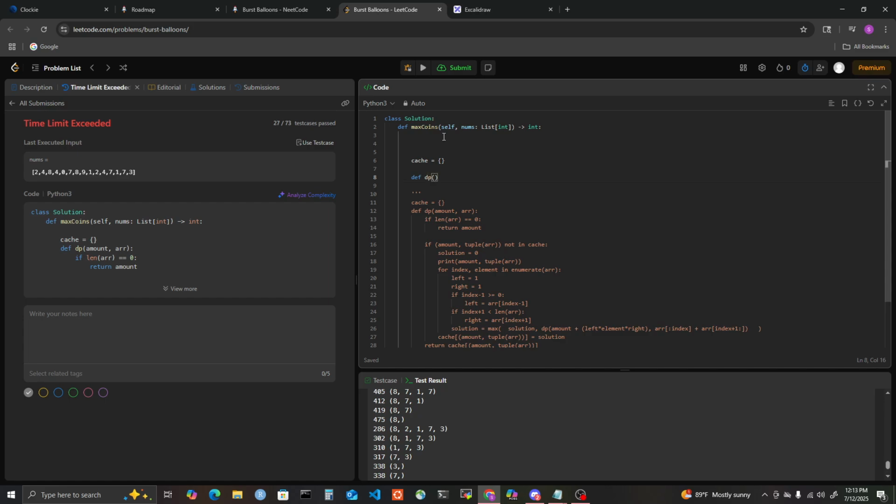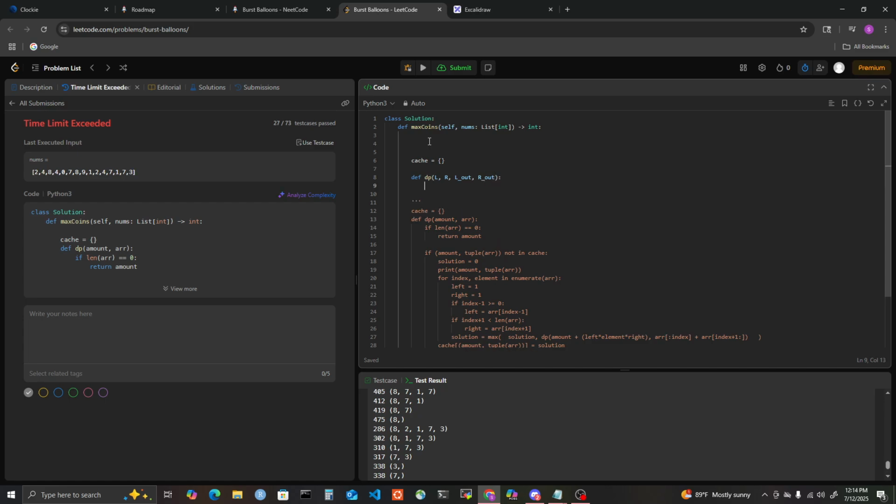Definition of a DP. So I'm going to use left, or actually I'm going to go L, R, and left out, and right out.